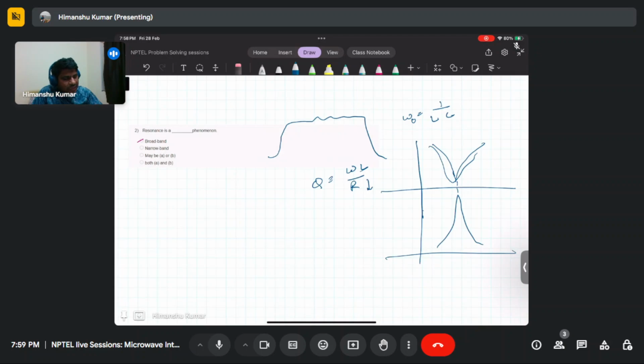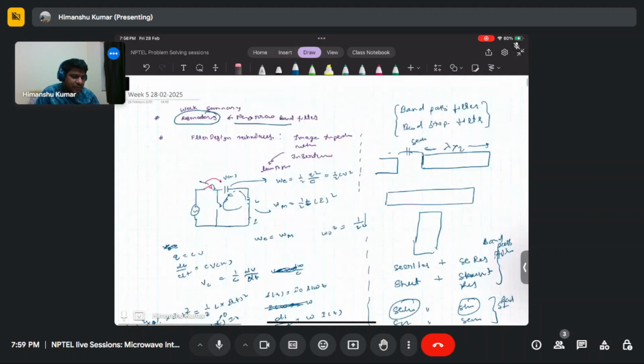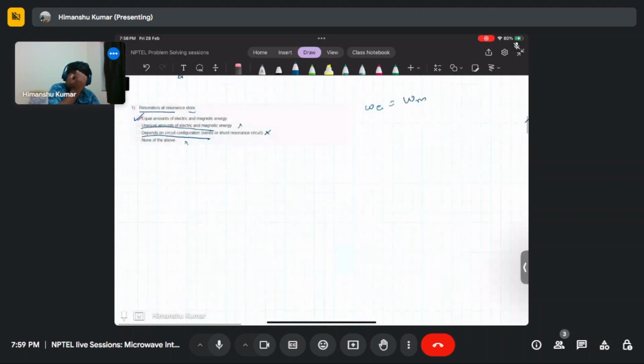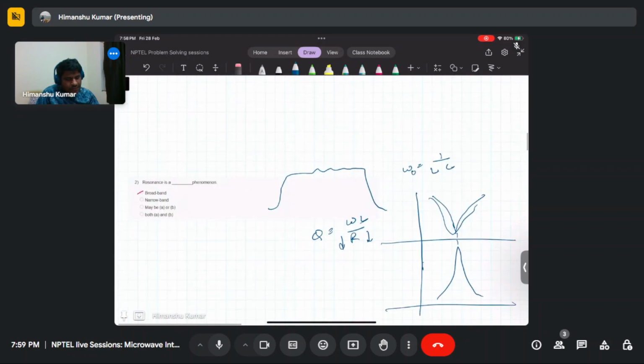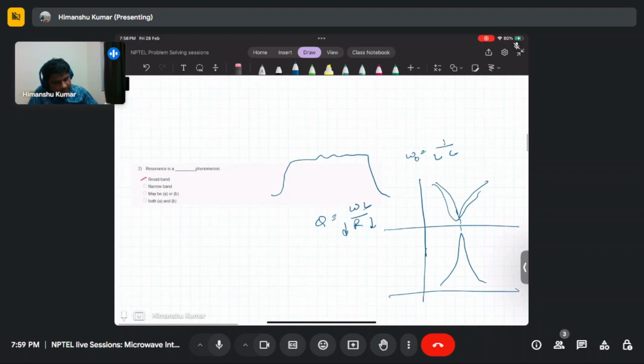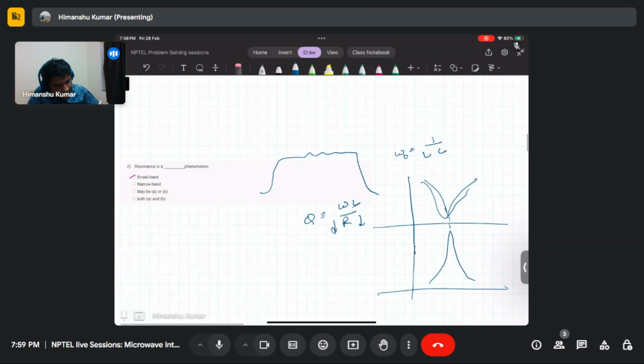If you consider R equal to 0, then the quality factor is infinite and you will have infinite oscillation. That is the example of your typical LC circuit. So resonance is a very narrowband phenomenon.